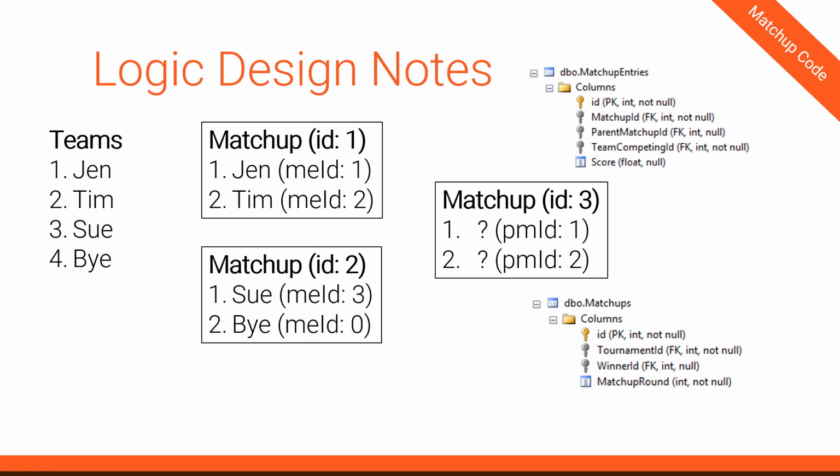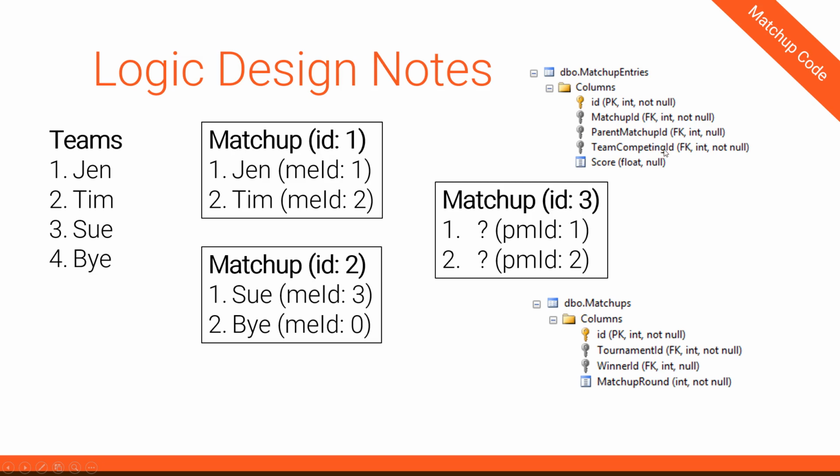And that's important because we can then link this back to its predecessor. So this matchup ID number 3 knows that it links to this matchup and this matchup. And these are the two competitors in this matchup. And so for each of the matchup entries, this one right here, the number 1, the matchup entry ID will know the parent matchup, and the score will be blank because we don't know a score yet.